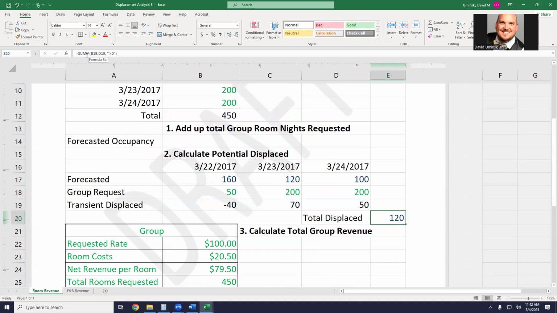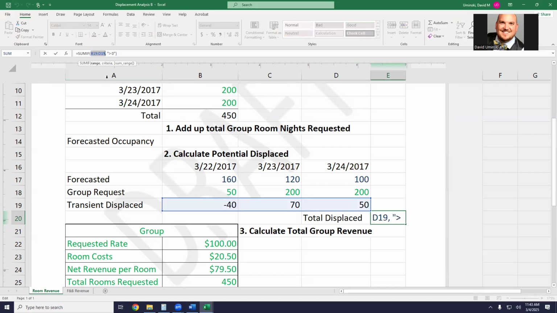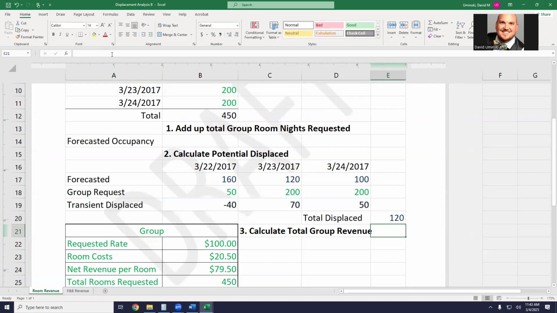Sum is what? Adding. So what I'm telling Excel is I want you to sum if this range of cells meets a certain criteria. So if these cells B19 to D19, and my criteria is greater than 0, if these are greater than 0, then I want you to add it. If it's not greater than 0, Excel's not going to add it.